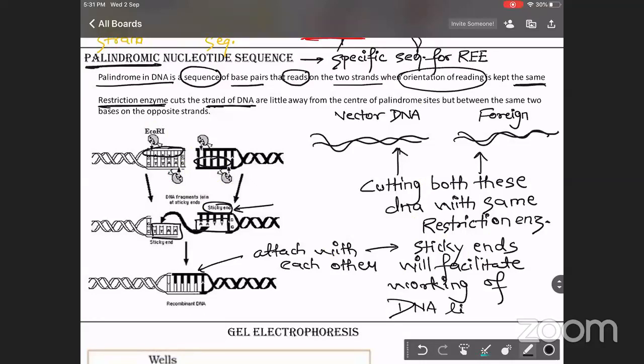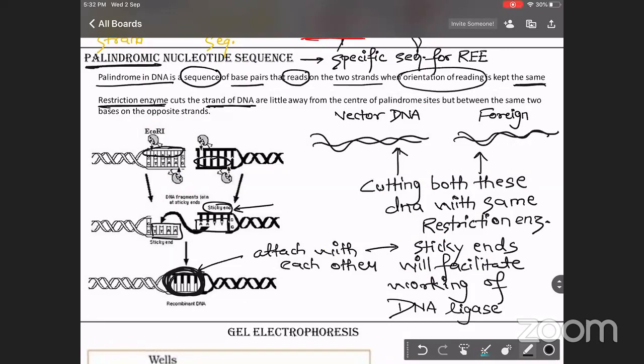Because what is the work of DNA ligase? DNA ligase works like a favicol, meaning it attaches two different DNA. This work of attaching two different DNA is of the DNA ligase. But having sticky ends, or the complementary base pairs, will work as an additional help to the DNA ligase to attach both of the DNA. So this is the working of the restriction endonuclease enzyme.